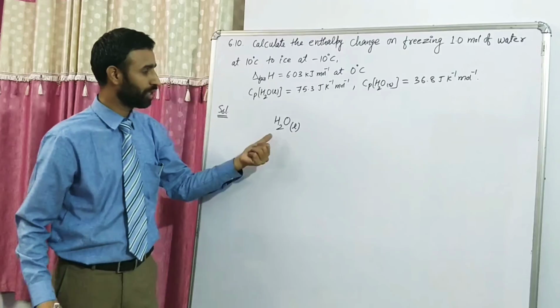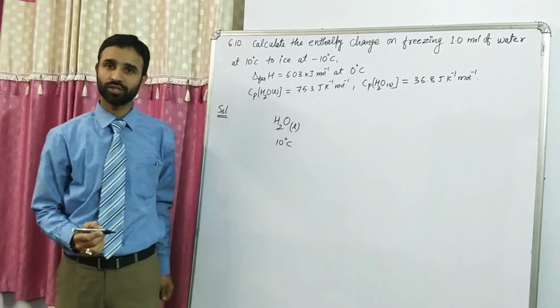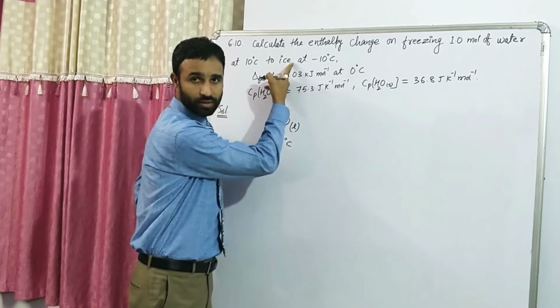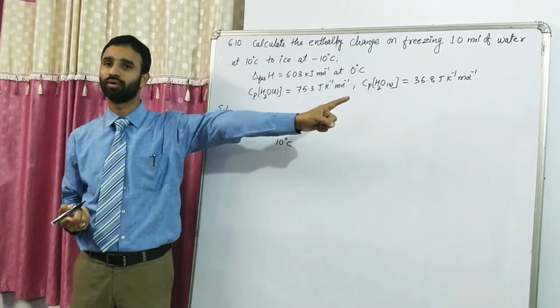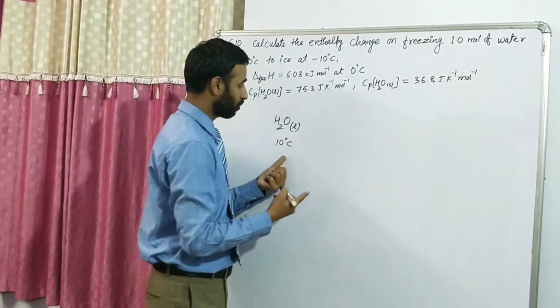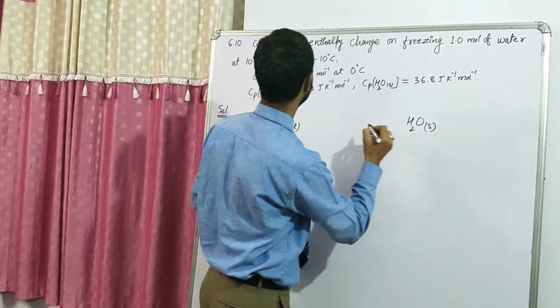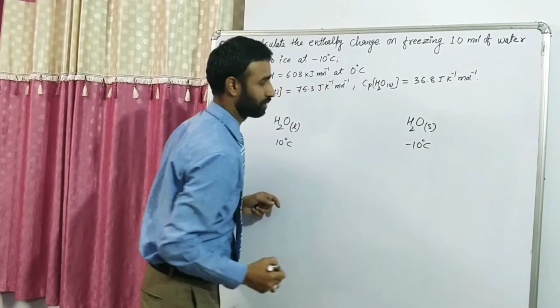So H2O liquid at 10 degrees Celsius to ice. That means there is a phase change. Liquid is changed into solid. So H2O liquid at 10 degrees Celsius to H2O solid at minus 10 degrees Celsius.